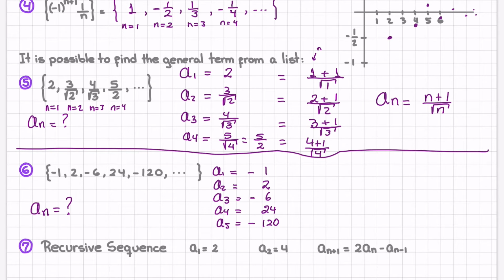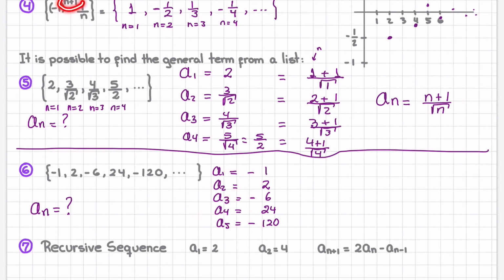So you see, when n is odd, the exponent is negative. So negative 1 to the n will work, because if n is odd, we get negative signs. If n is even, we get positive signs.